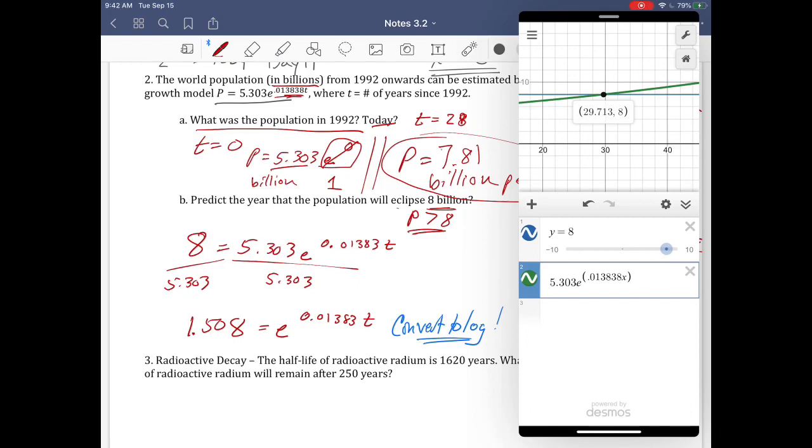So at the beginning of the 29th year, it has not yet reached 8 billion. By the time it reaches the 30th year, you have gotten over 8 billion.